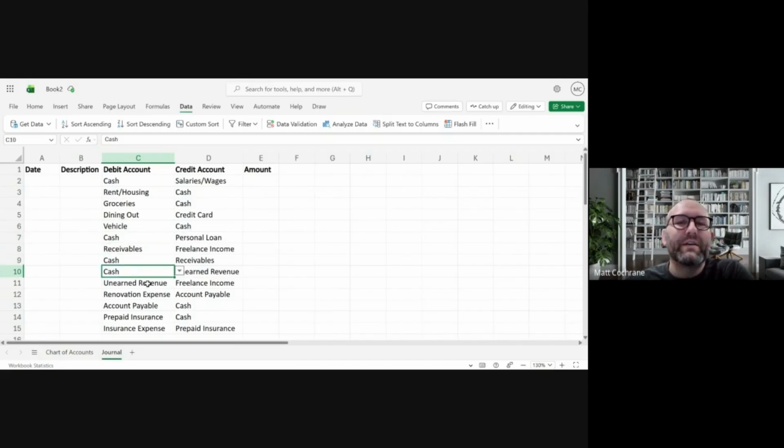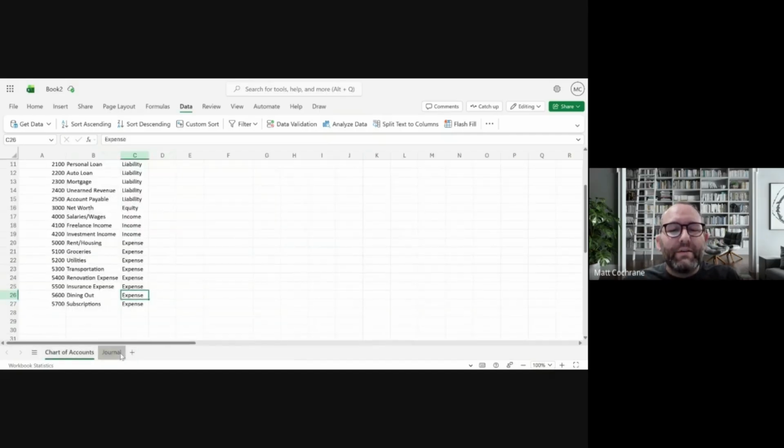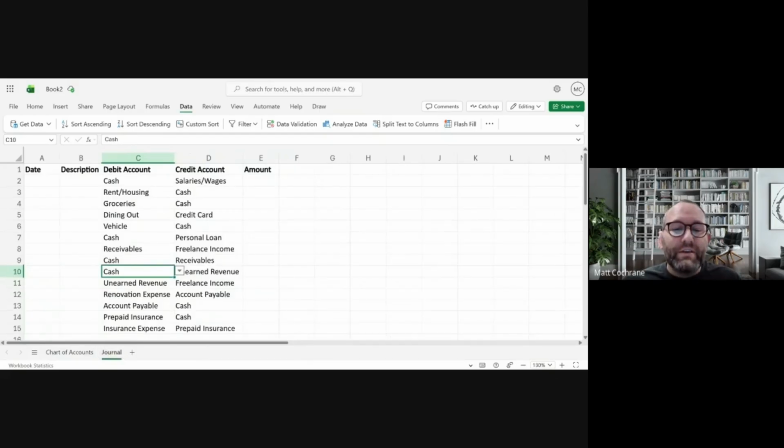And cash is one of the most frequently affected accounts. It would be nice if we could have a summary of everything that's going on in the cash account, everything that's going on in salaries and wages, et cetera, et cetera. And in fact, we do.